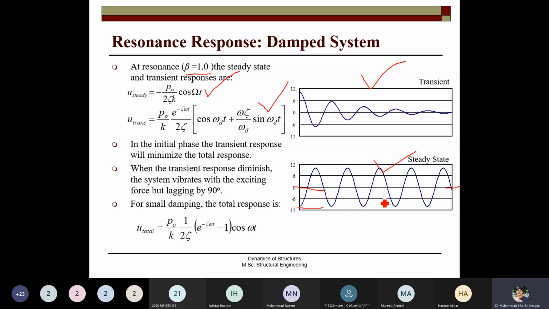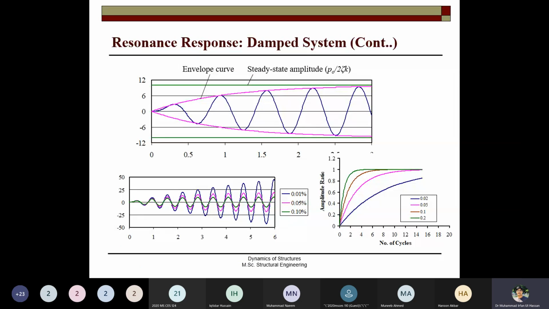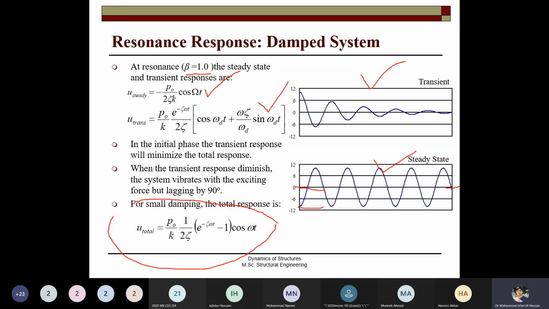And for small damping, if you even ignore zeta, the second term, and then the total response in case of damping can be seen here. It is seen that for the damped system, the resonance response is relatively different from the undamped system, and the amplitude of vibration is lesser than the undamped case.